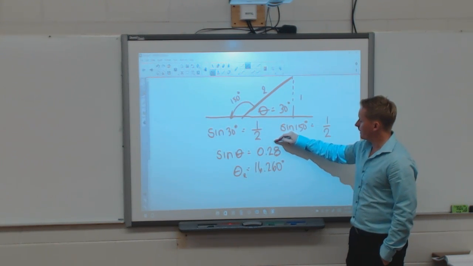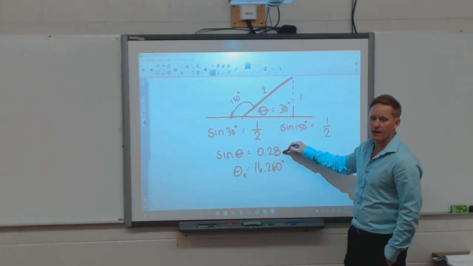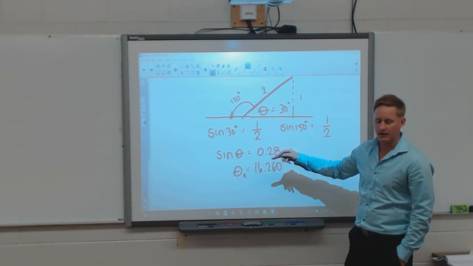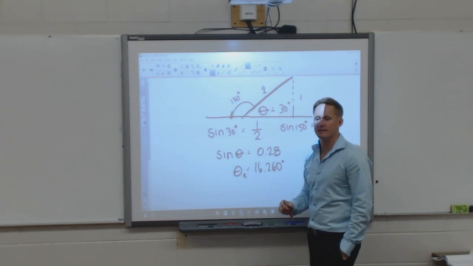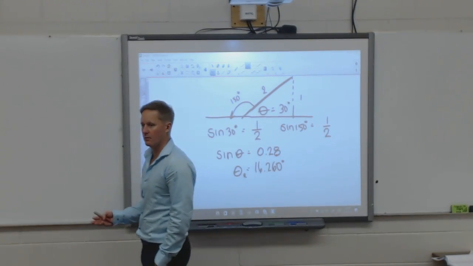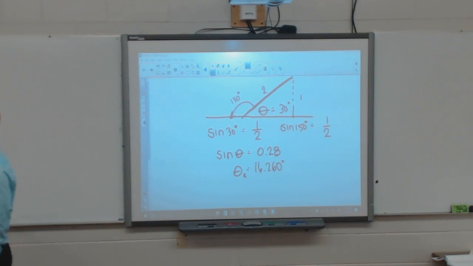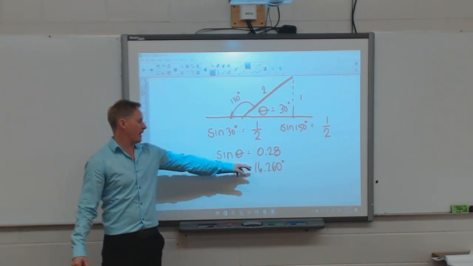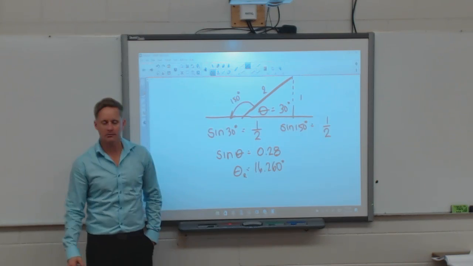When I take my calculator and use second function sine, it's going to give me an angle between 0 and 90 at all times, as long as the ratio is positive. So how do I get the other angle?